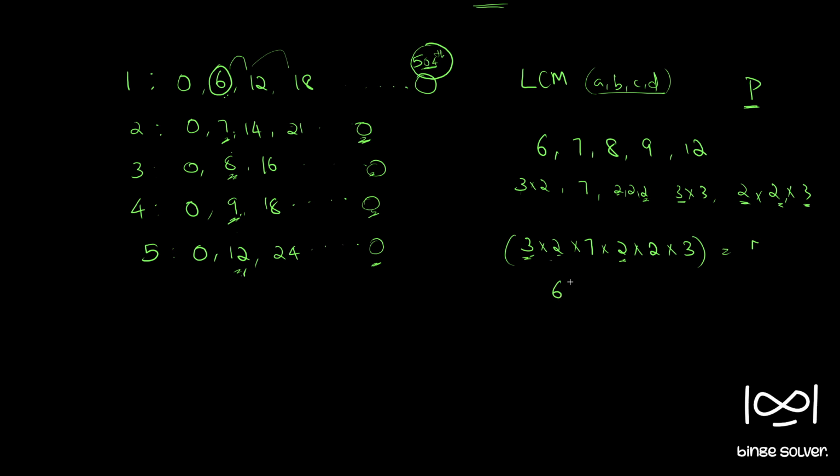So earlier I wrote 7, then 2 into 2 into 2, which is 8, and 3 into 3, which is 9. The way I wrote this fast is that 7 is not repeating in any of these, so 7 will be there. If you take 8, then the 2s are all included in 8, and if you take 9, the 3s will also be included. 12 is already covered, so this is just 4 into 2.